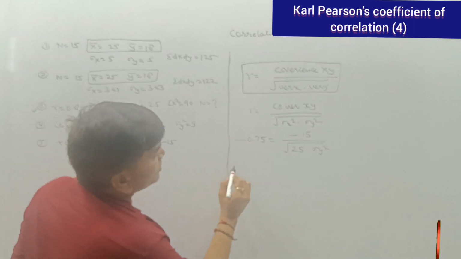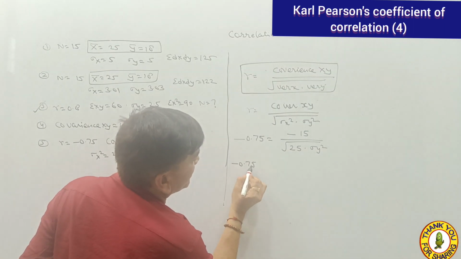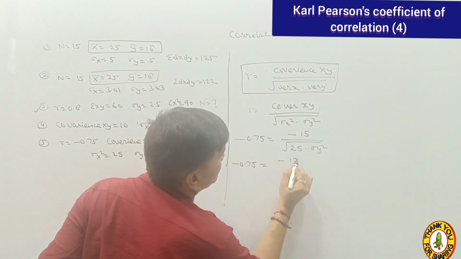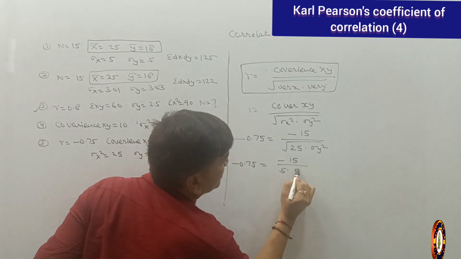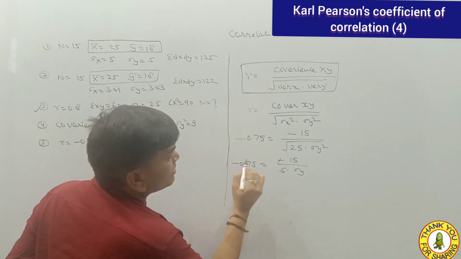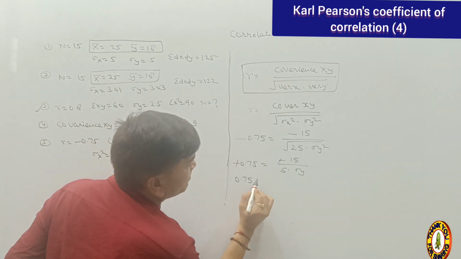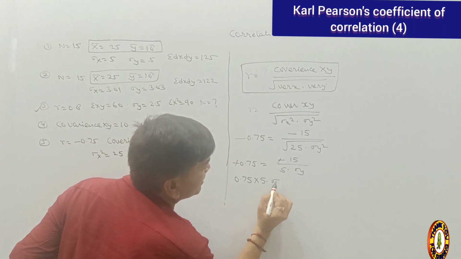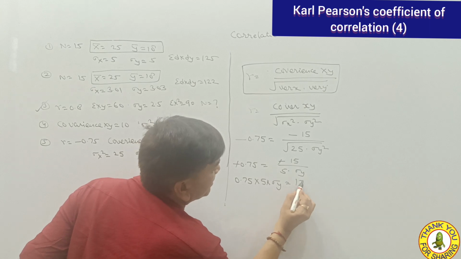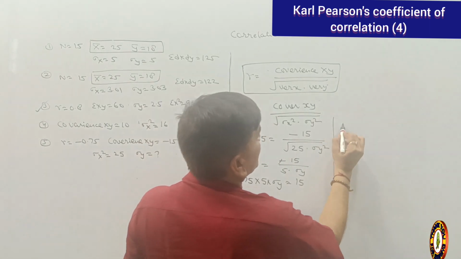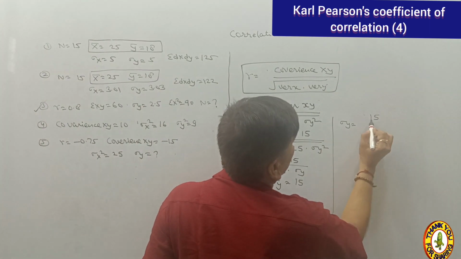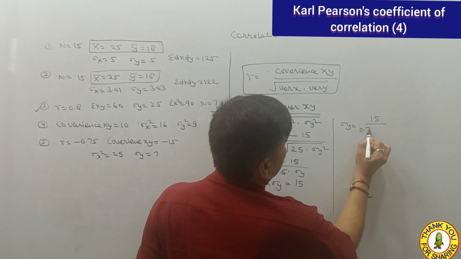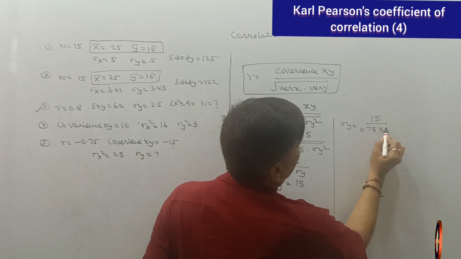So that is 0.75 is equal to minus 15 upon 5 standard deviation y. Minus to minus cancel, 0.75 multiply 5 multiply standard deviation y, that is 15. So the value of standard deviation y is 15 divided by 0.75 multiplied by 5.